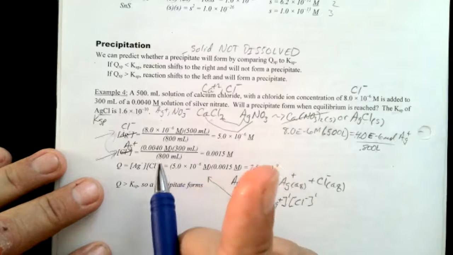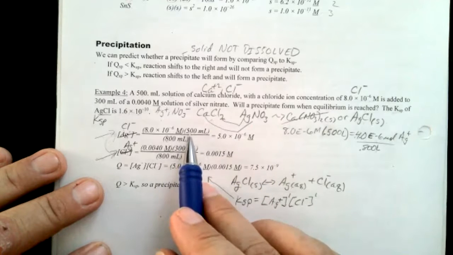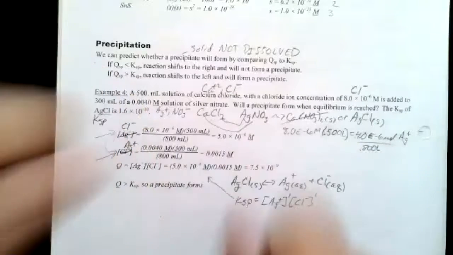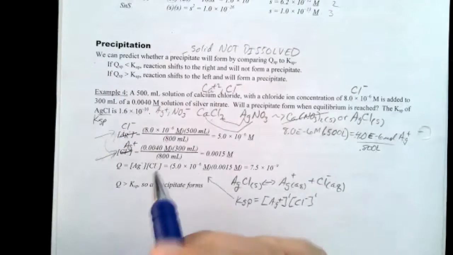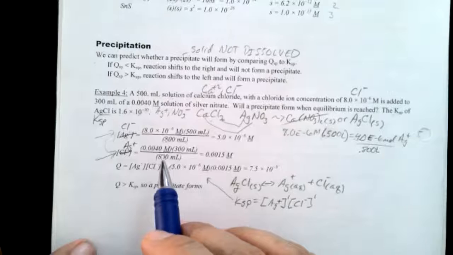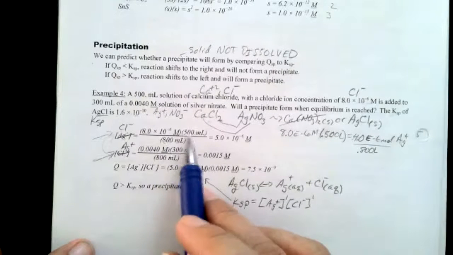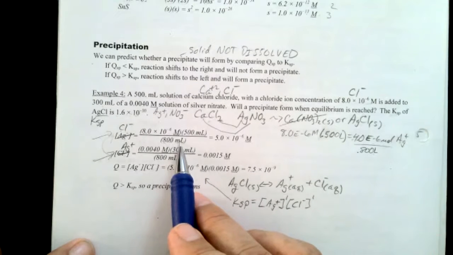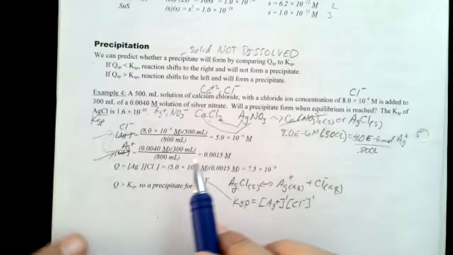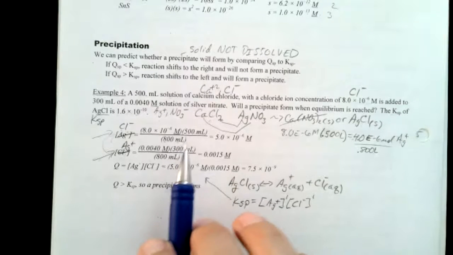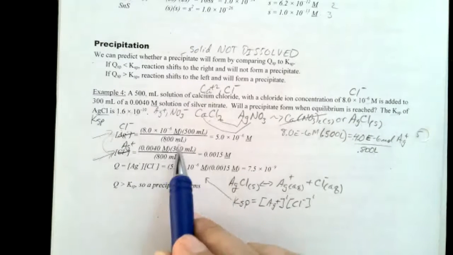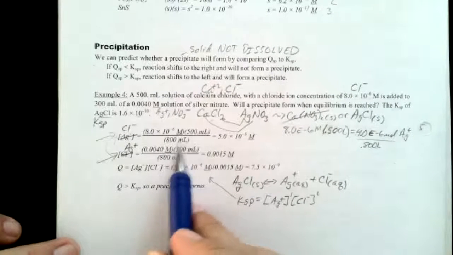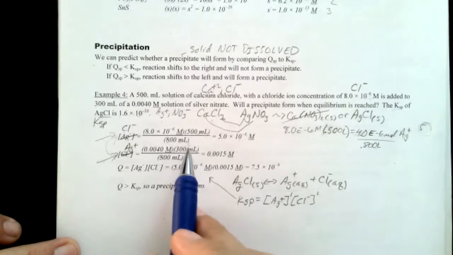But the new molarity will be the moles divided by the new liters formed when I pour these together. So we have to take the moles delivered divided by the new amount of liters to get the molarity. Because we're going to multiply by volume and divide by volume, it doesn't matter if you use milliliters.